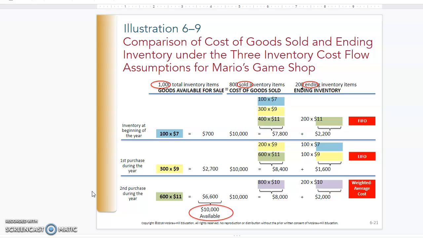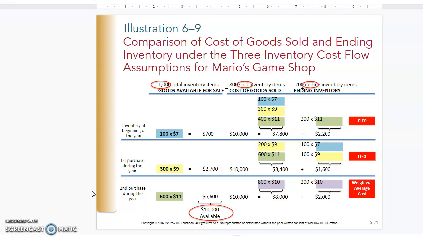A comparison of cost of goods sold and ending inventory under 3 different cost flow assumptions: FIFO, LIFO, and weighted average. Notice that the number of units across the top is the same.